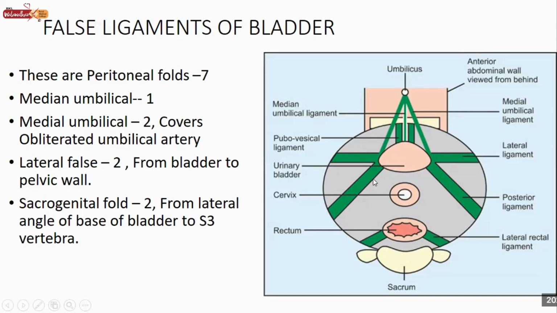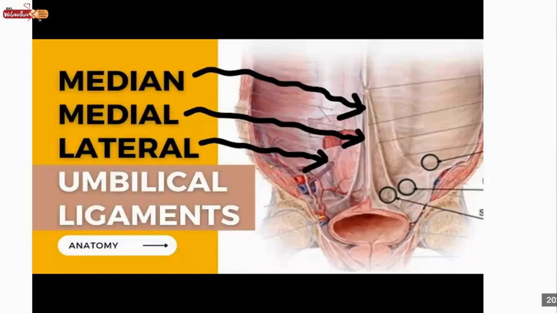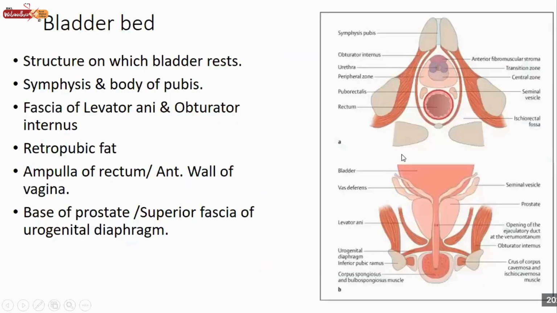Then there is a lateral ligament, that is, laterally there is one peritoneal fold, and another is the posterior ligament, the sacrogenital fold, on either side, which goes from the lateral angle of the base backwards into the S3 vertebra. So in this picture, we can see the medial and lateral umbilical ligaments.